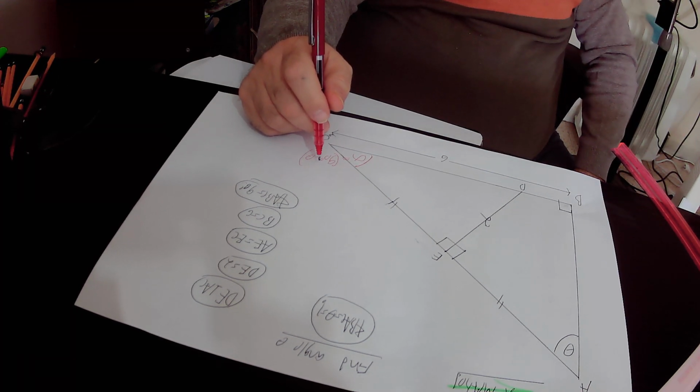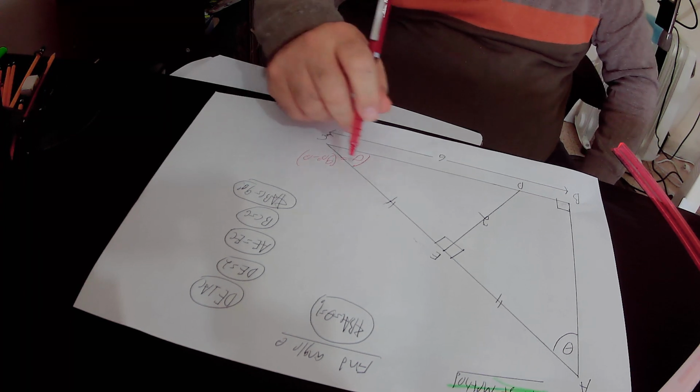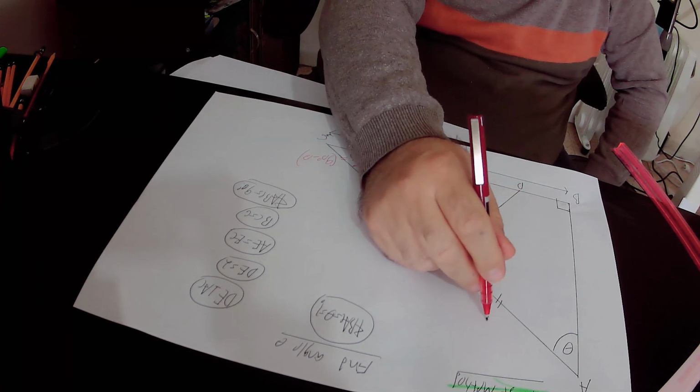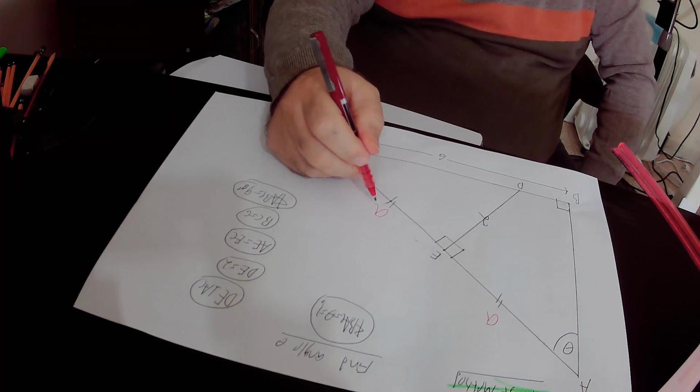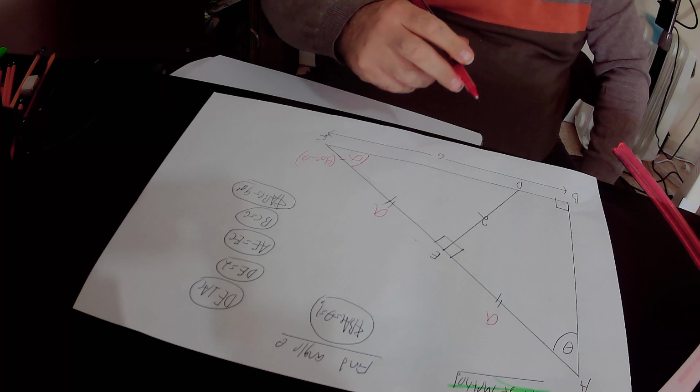And we will define line segment AE as a, and EC will also be equal to a, and we will focus on the right triangle ABC.